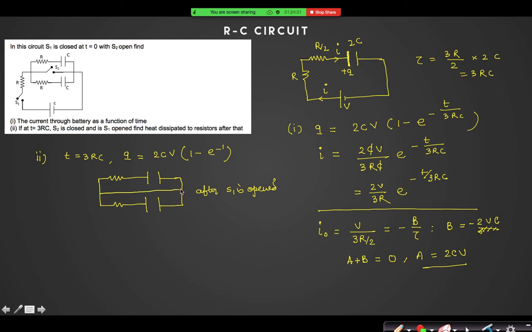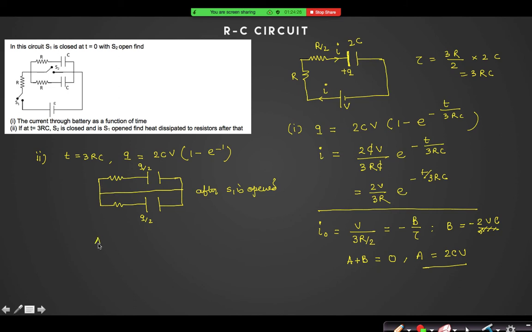Yes, S2 is closed. Now this charge will be Q by 2 and this charge will be Q by 2, yes or no? Because the battery has totally sent a charge plus Q. So what is the total energy of the capacitors that will dissipate through heat?